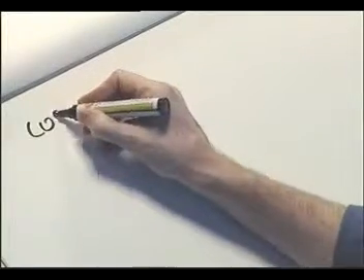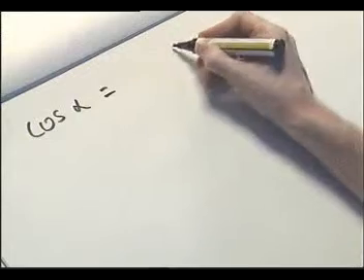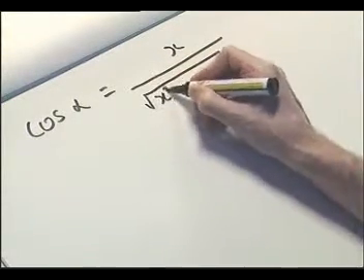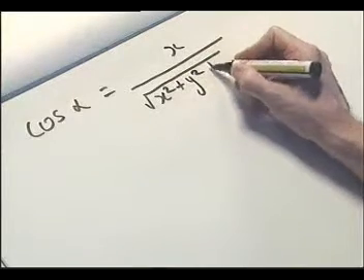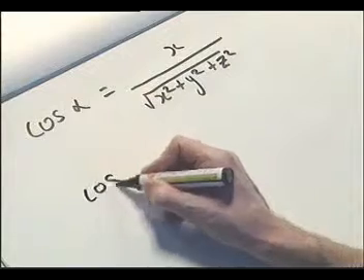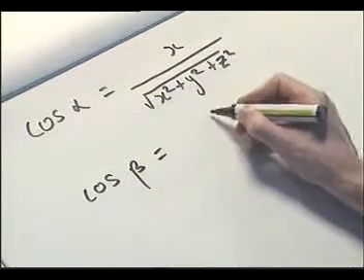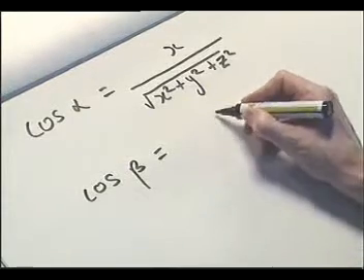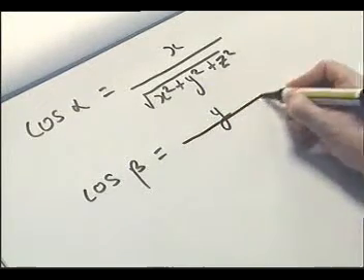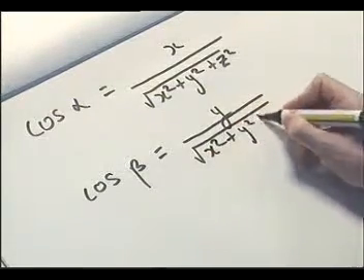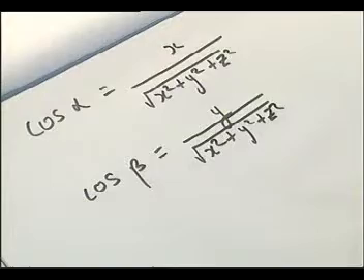So we have cos alpha, which will be x over the square root of x squared plus y squared plus z squared. Cos beta, which will be the angle that OP makes with the y-axis, and so it will be y over the square root of x squared plus y squared plus z squared.